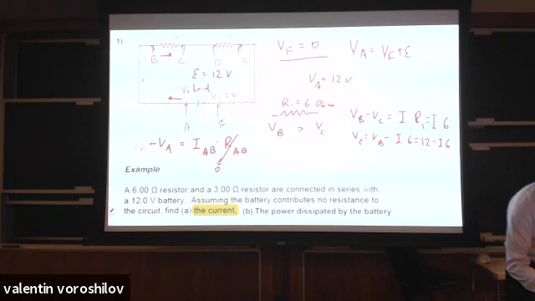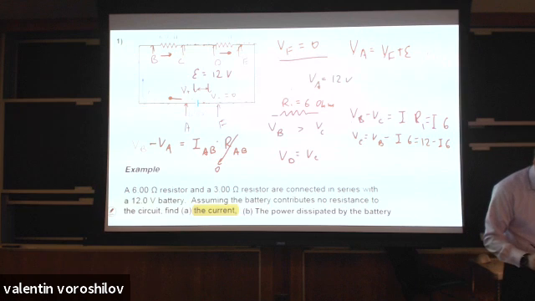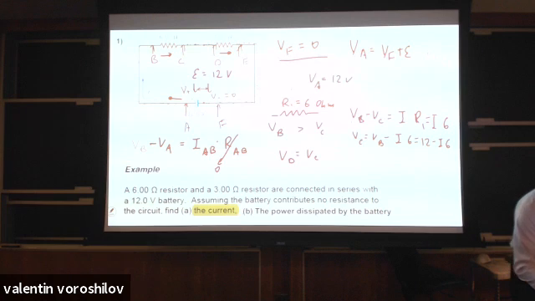The next potential is D. D is the end of the wire. The wire has no resistance, does not change potential, so it equals C. Okay, nothing new. Now there is electric current traveling through the second resistor. Electric potential drops, decreases in the direction of electric current.